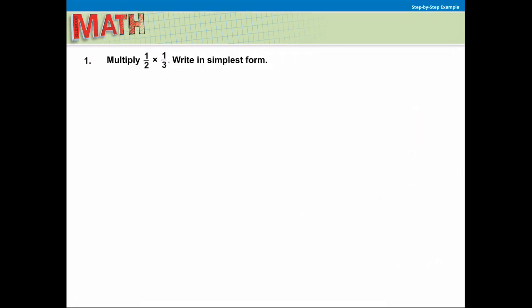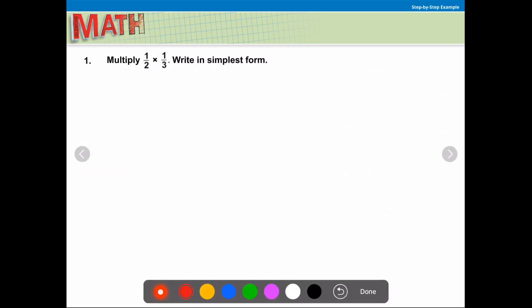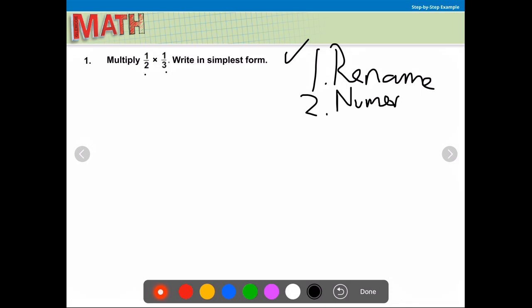So let's look. Try it. So, step number 1, remember? Step number 1 is rename. So we're going to rename these, but this is a fraction and this is a fraction, so we're okay here. Step number 2 is multiply the numerators. So I'm going to rewrite this over here, 1/2, and I don't like x because I teach some higher math, okay? 1/2 times 1/3, so we're going to multiply the numerators.